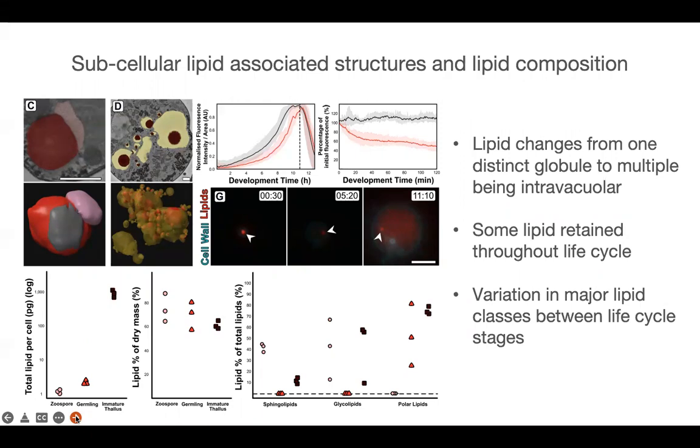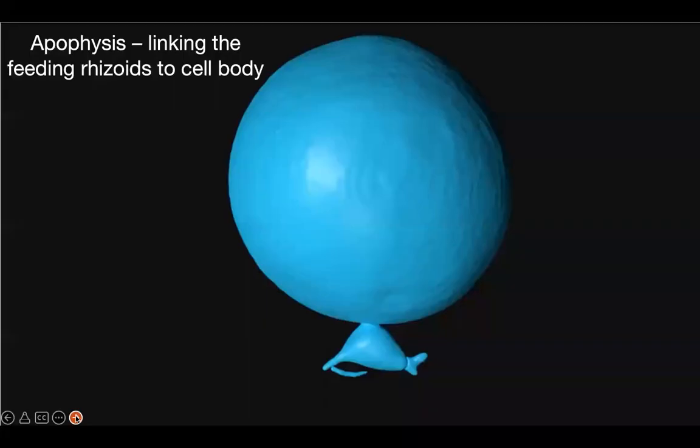So this is really interesting. We don't really understand why the zoospore retains an amount of lipid all through the cell cycle. We quantify how much lipid there is in the different cell stages and the different types of lipids. Again, this is detail I don't think is super important for right now.